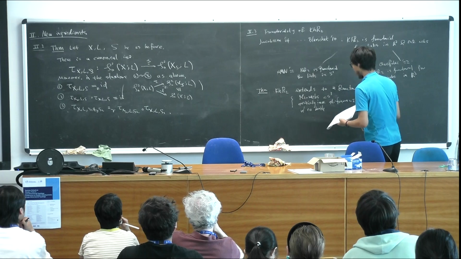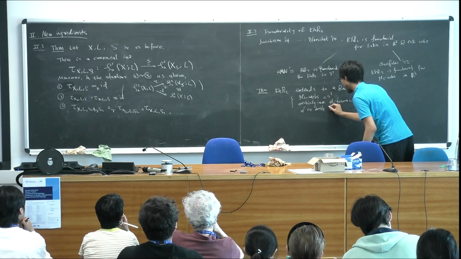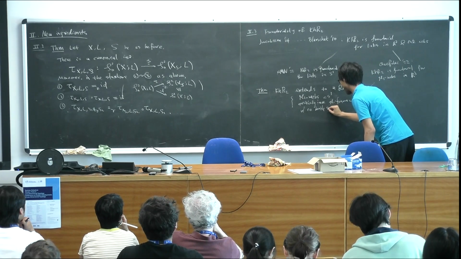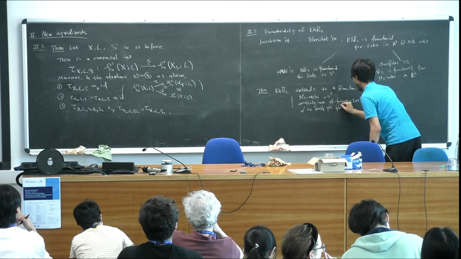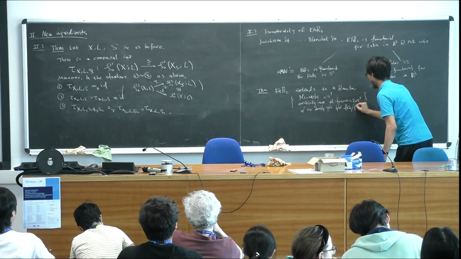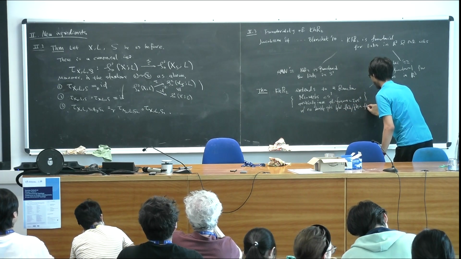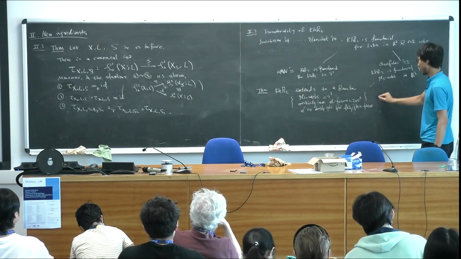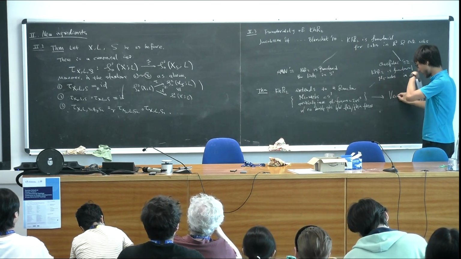If you don't know what that means, ignore this for a moment. Double points between thin and thin faces, to the category, say, of vector spaces.